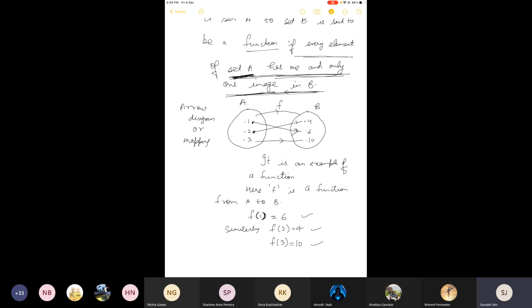So that is why it is an example of a function. Okay, keep this in mind. And this is the way to write the values: f of 1 is 6, f of 2 is 4, f of 3 is 10. Okay, this arrangement is called an arrow diagram or mapping, and we generally use this to represent a relation or a function. Here we are talking about function.